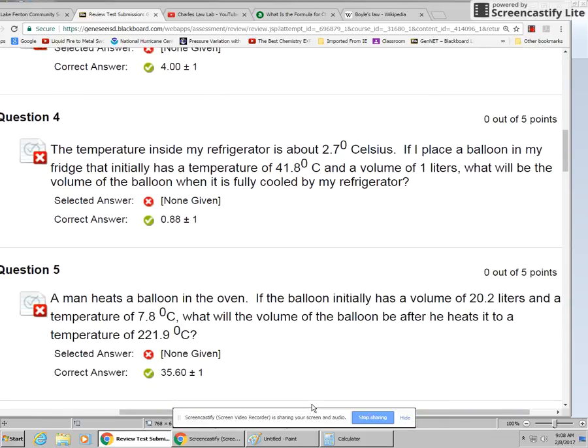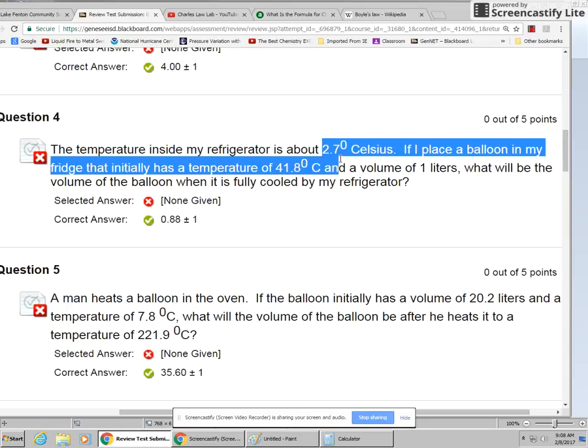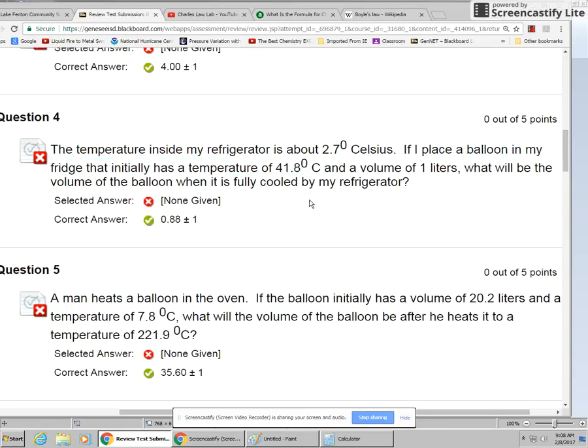And then this is the only one that you actually have to change to Kelvin, because anytime that you have anything in gas laws, it has to be Kelvin. And that's just a function of mobility.